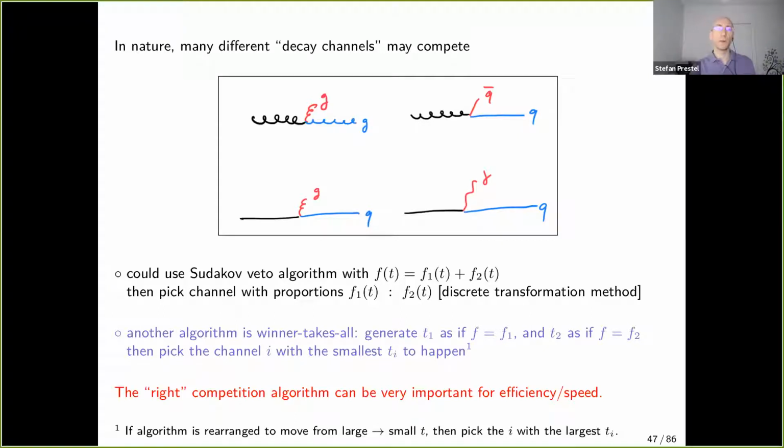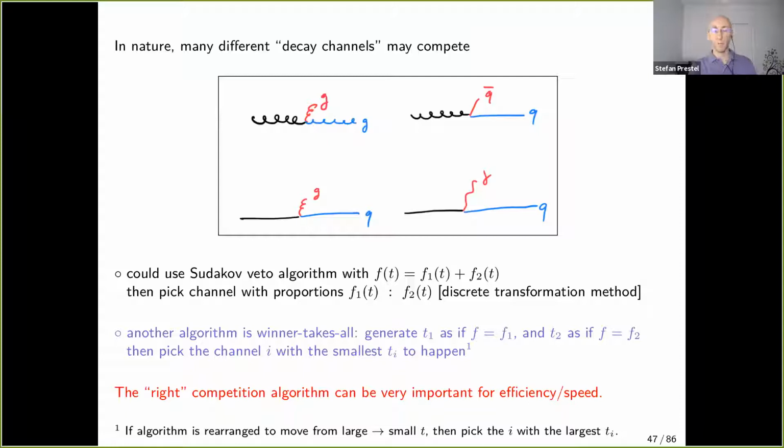For example, let's say you have, for a particular type of particle, 1 million decay channels. Then having to sample 1 million different scales first before deciding on taking one would be quite a nightmare. So then you might do something that is rather similar to the first one. It depends really on the question that you're after what algorithm you want to use in order to do this.